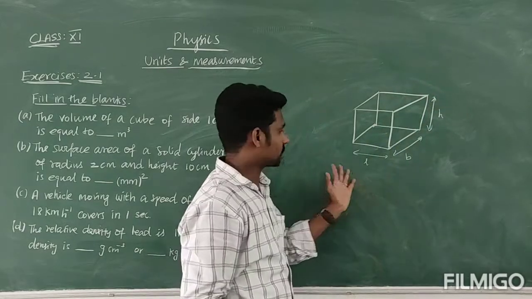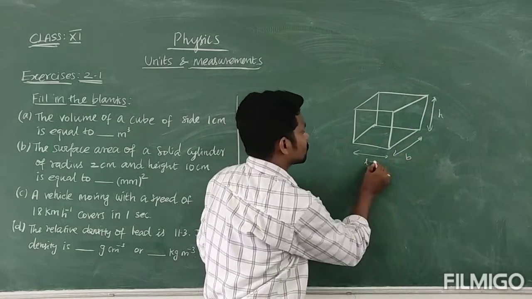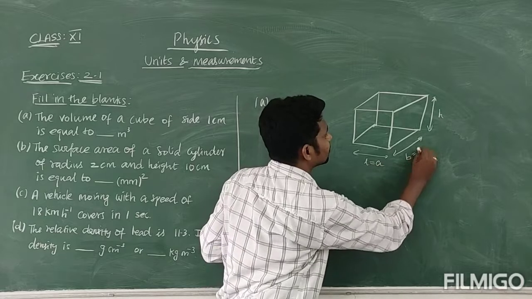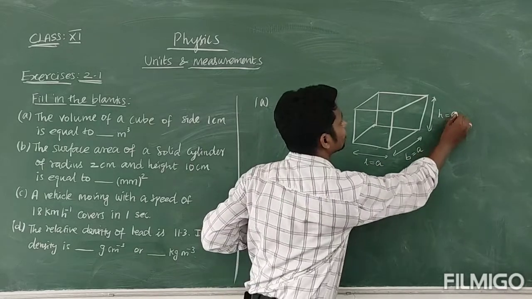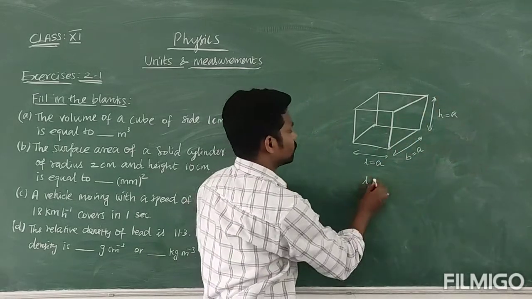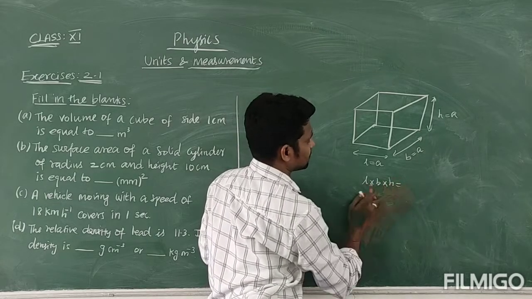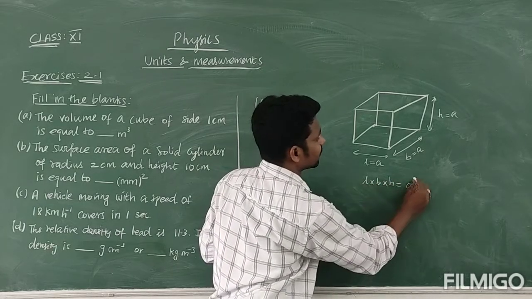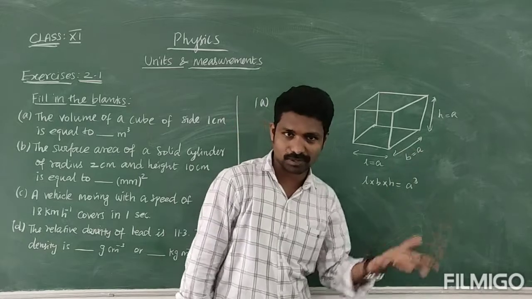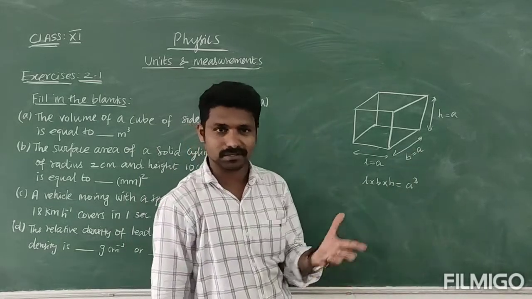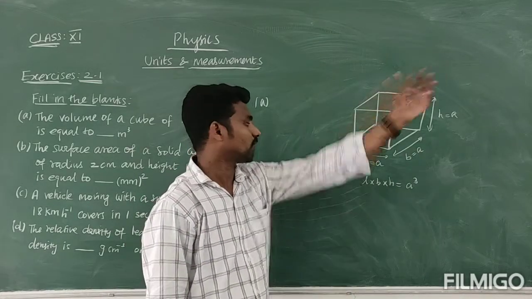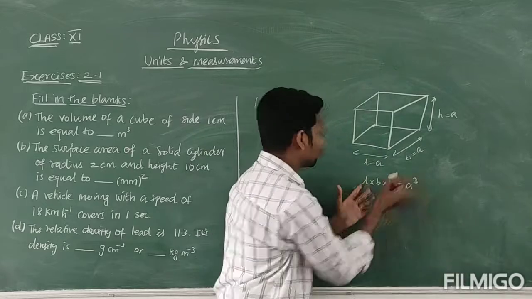But it is a cube, so length, breadth and height should all be the same value. For example, this is the length, this is the breadth, then the thickness or height, but every value is the same. So the volume of the cube is a into a into a, that is a cube. This is the formula for the volume of the cube.